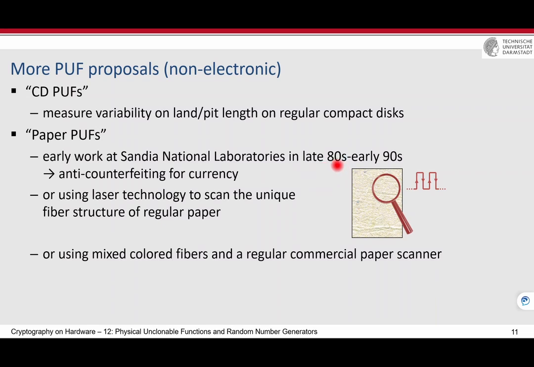There were early works in the 80s and 90s on how you can avoid counterfeiting of currency, particularly currency bills, money, using some laser technology to scan the uniqueness of it. You can have a pattern, recognize this pattern, or check the pattern and save it in a database and so on. But these are not things that we can actually use in our electronic devices.